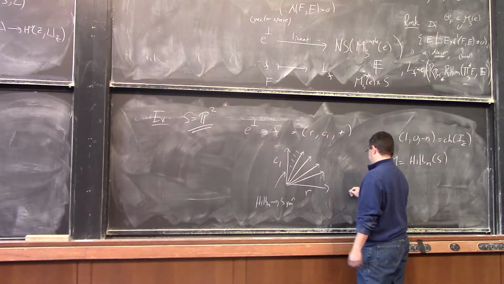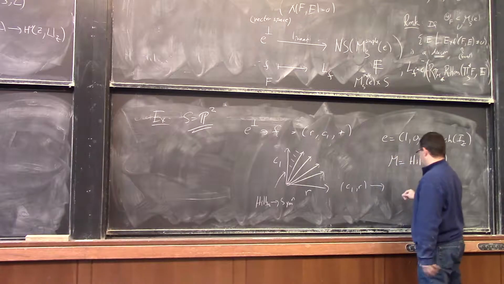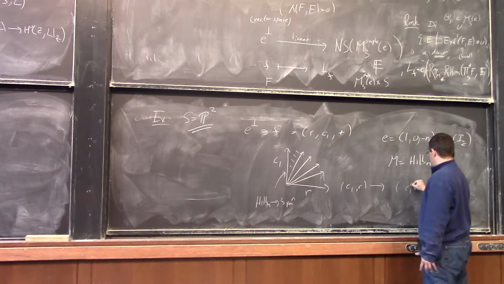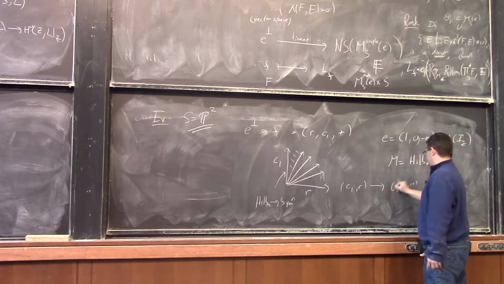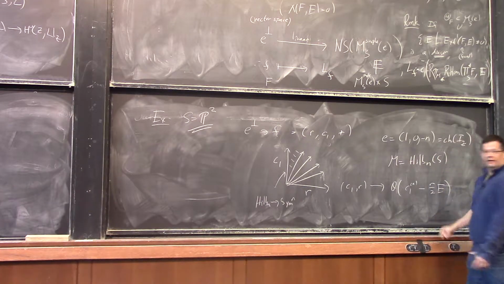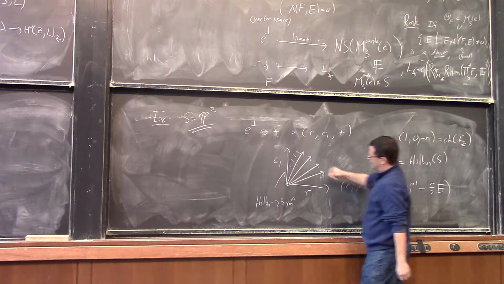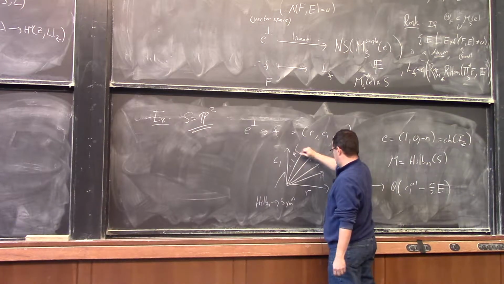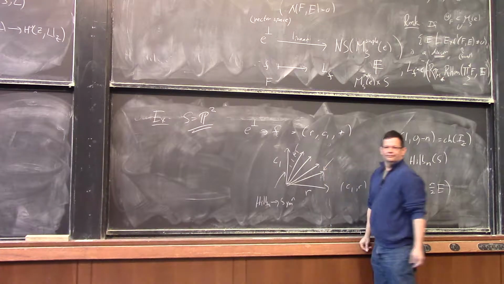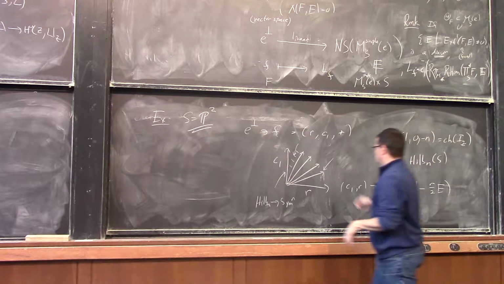In general, these C1, R, under this determinant construction, go to this symmetrized C1 minus R over 2 times the exceptional divisor on the Hilbert scheme. So I'll have an ample cone in here, and then some effective cone, with some final ray.